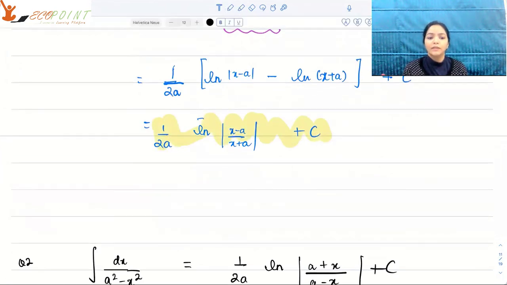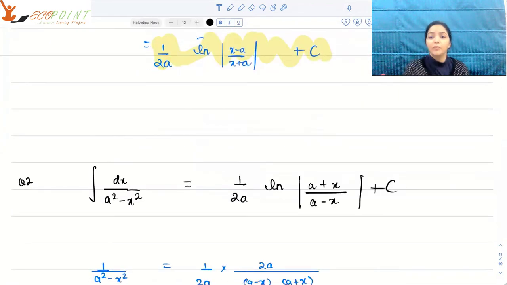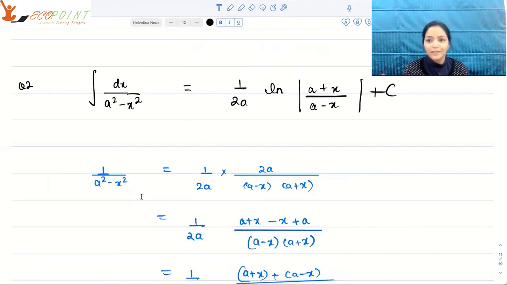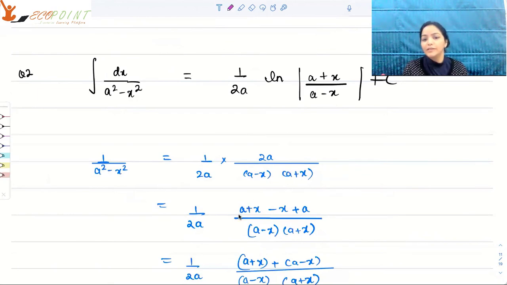The next one, dx upon a square minus x square. Now this time we are doing a square minus x square, but we will proceed in the same way. So 1 upon a square minus x square, just multiply and divide by 2a. In the numerator also 2a, which you can write as a plus a.